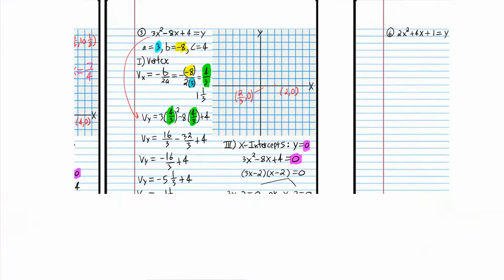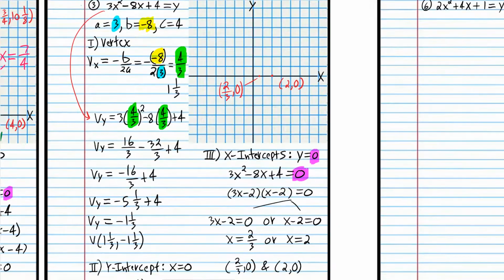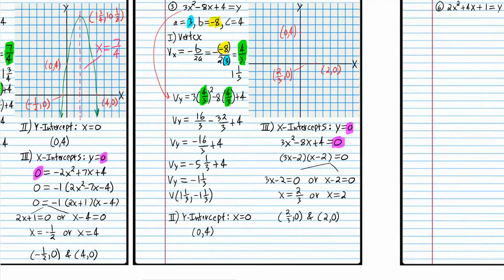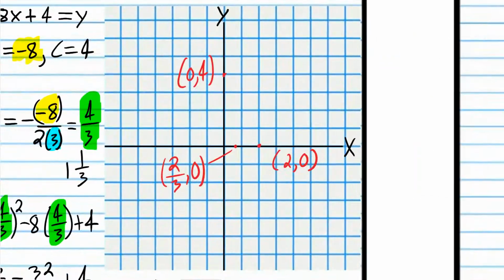And our vertex is, well, let's do the y-intercept first. That's 0, 4. So I'll be here. And our vertex is 1 1/3 and negative 1 1/3. So 1 1/3 and negative 1 1/3 would be about there.